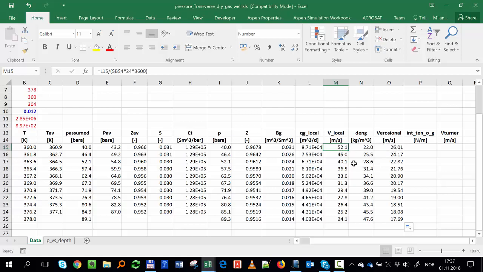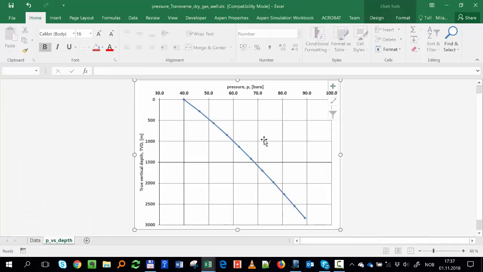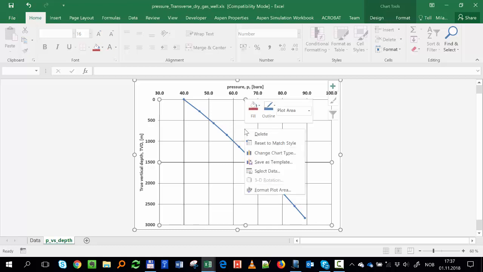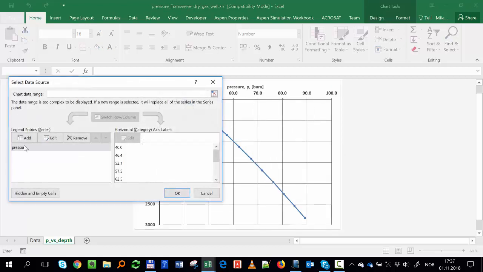So I suggest we make that plot, just to see how it looks. And here is going to be a bit tricky. So let's right click, let's add the data.